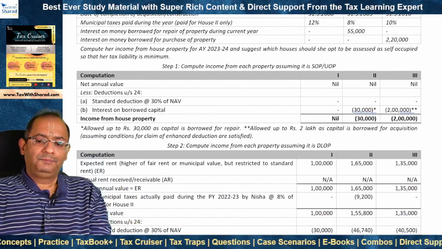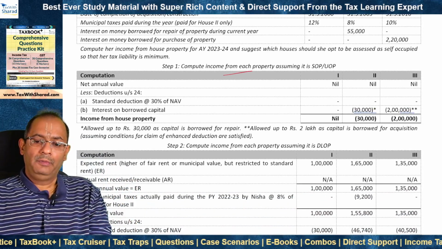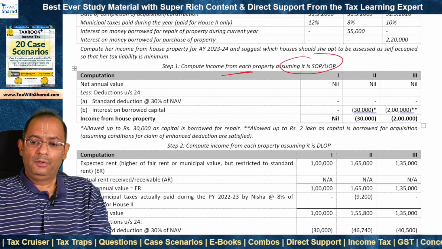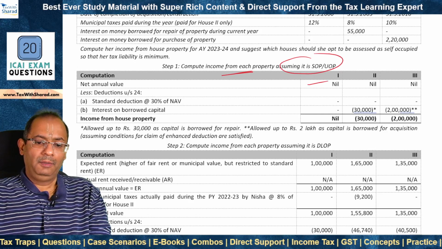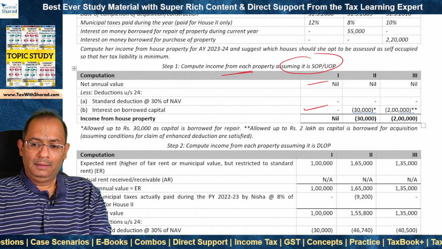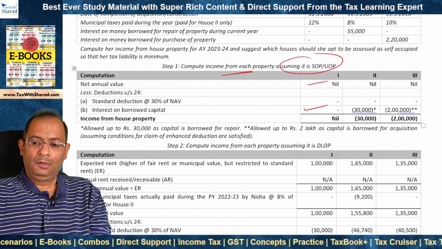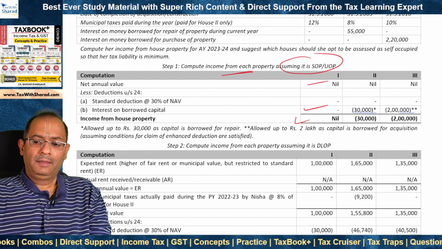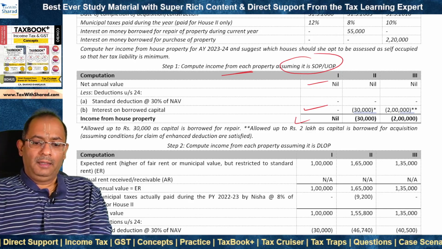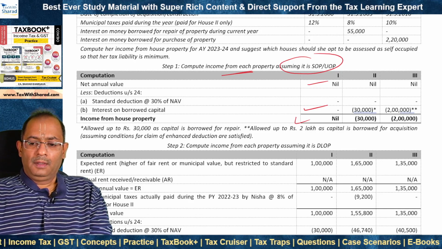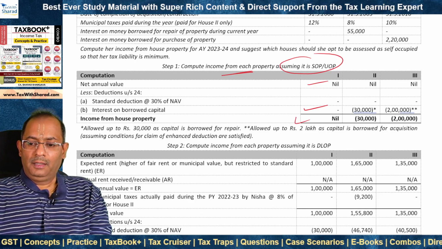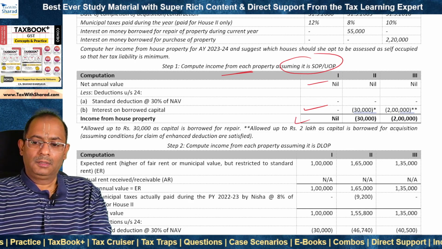So in step 1, we compute the income from each property assuming it is SOP or UOP. So the NAV becomes nil and we provide the deduction on account of interest, and then we arrive at the IHP, the income from house property, which is nil in the case of 1, 30,000 loss in the case of 2, and 2 lakh loss in the case of 3, right?